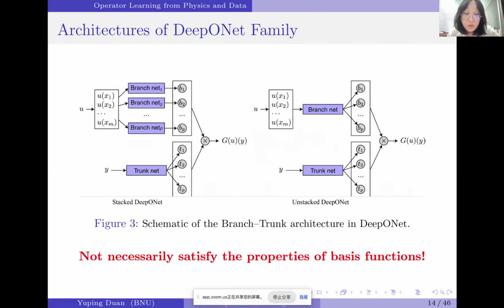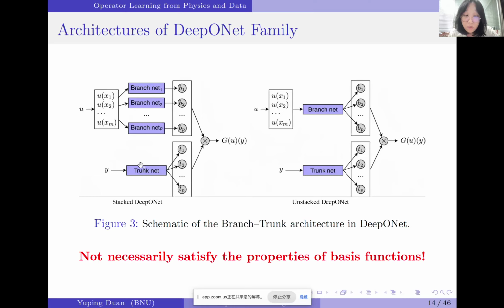This slide shows two DeepONet architectures. The stacked DeepONet uses separate branch nets, while the unstacked DeepONet uses one branch net. In both cases, the trunk functions are learned freely from the data.